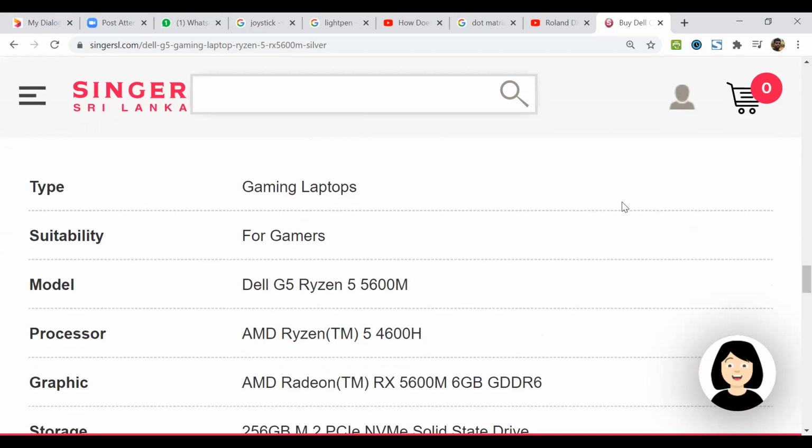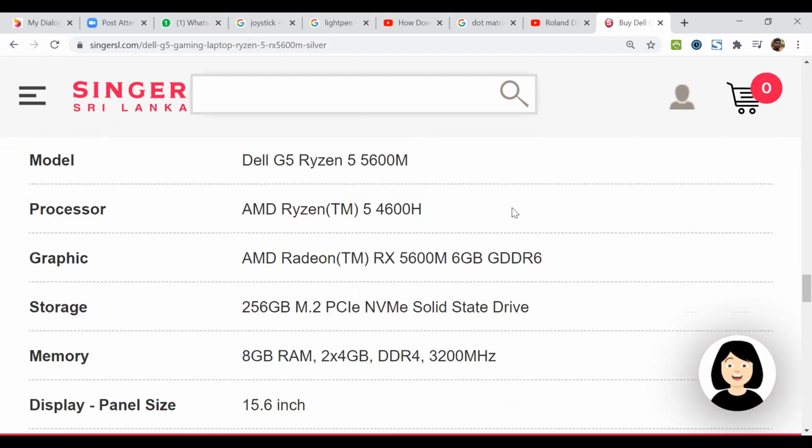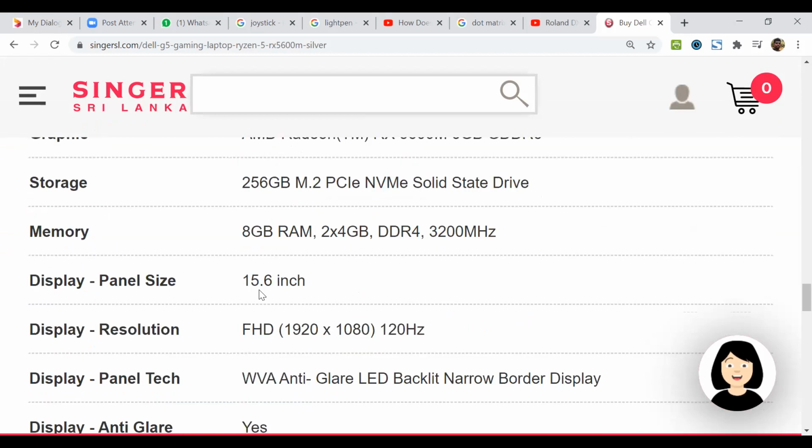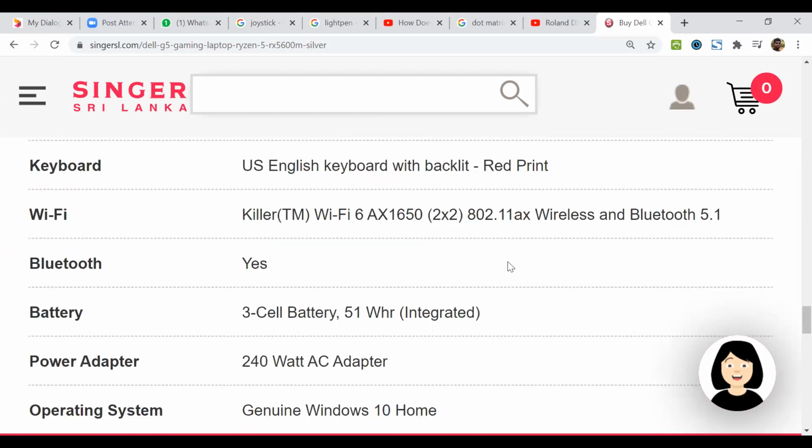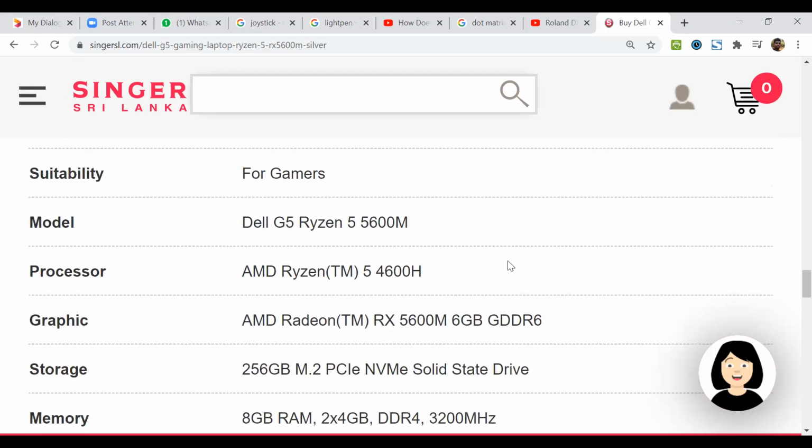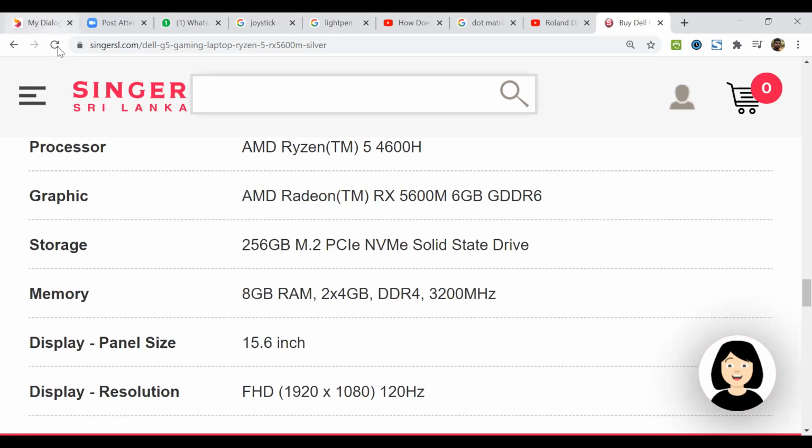It uses a G5 Ryzen AMD processor, and the display size is 15.6 inch. We know how to measure the display size. And if you take the processor speed, it doesn't say exactly the speed here.